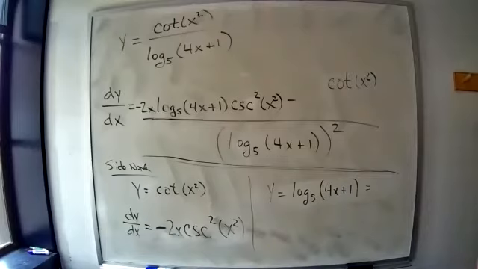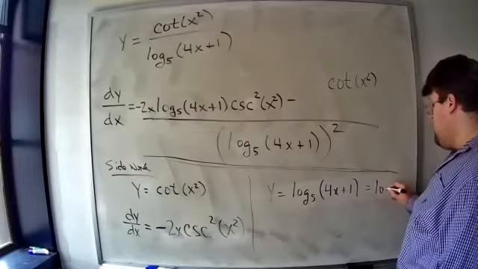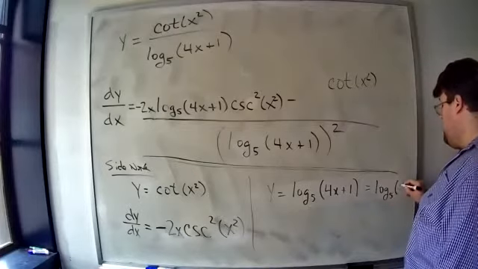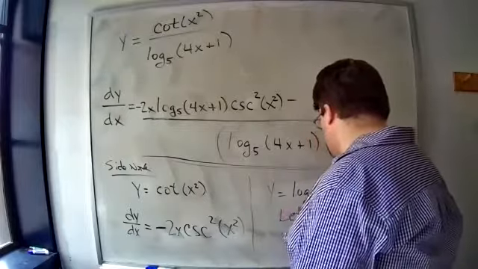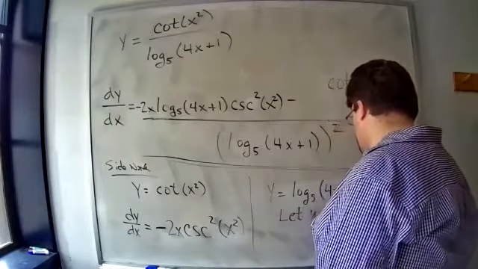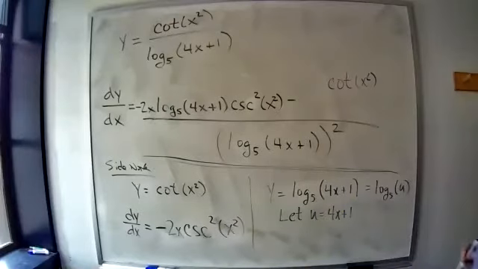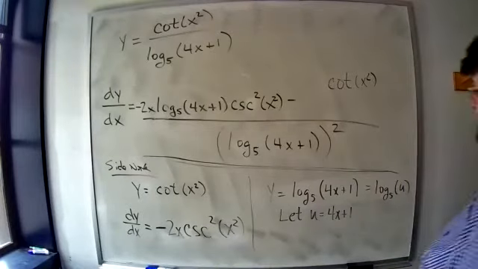We have a derivative rule for logarithm with a general base. So let's let u be, in this case, 4x plus 1. So what is dy du?